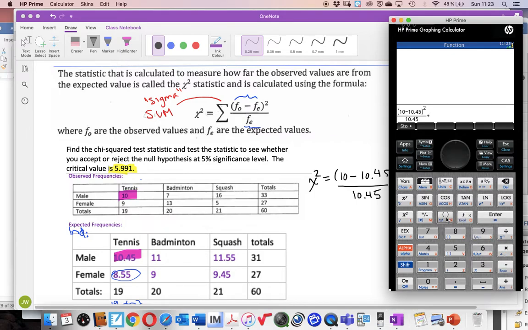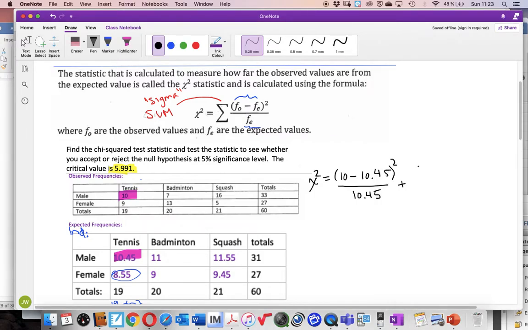Plus, and then we're going to do the next one. It doesn't matter, it's a sum of the whole table, not the totals, so whether you go to the right or down is up to you. I'm just going to go down, for no particular reason.